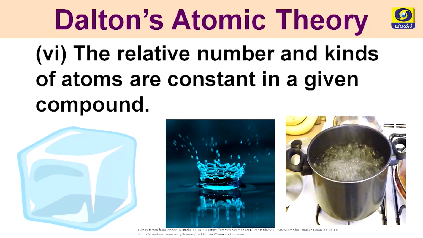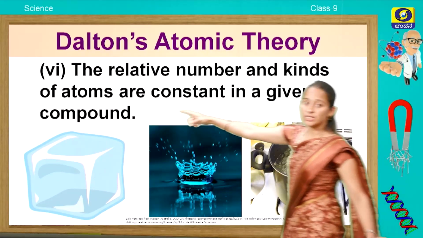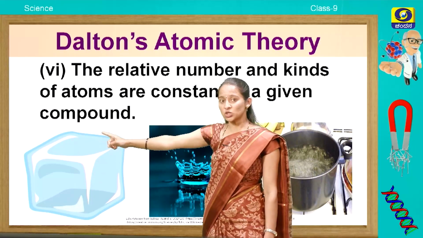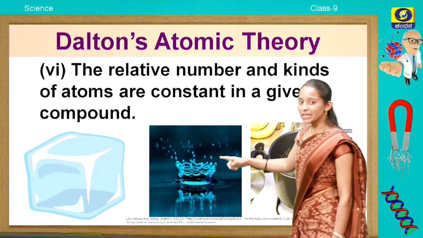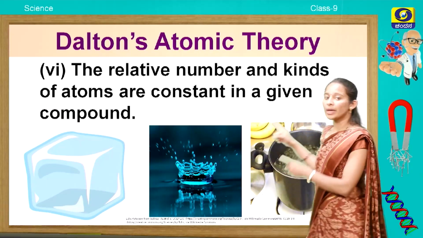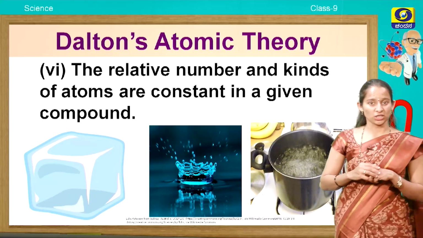Here we find water in different forms. Water as ice is there. Second picture, water as liquid. Third one, boiling water where it is converting to vapor. In the first one, water is ice, solid form, whereas in the second one, it is in liquid form. In the third one, it is in gaseous form.